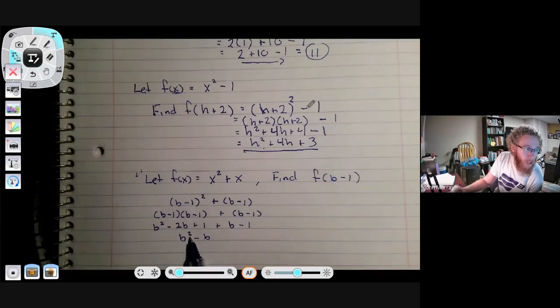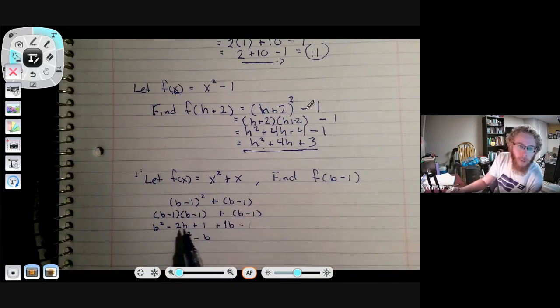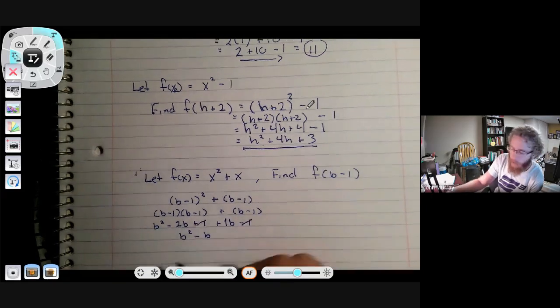b squared is by itself, so you have the b squared. Negative 2b plus, there's an invisible 1 here, negative 2b plus 1b gets us negative 1b, or just minus b. And then just be careful. Positive 1 and negative 1, they eliminate each other.